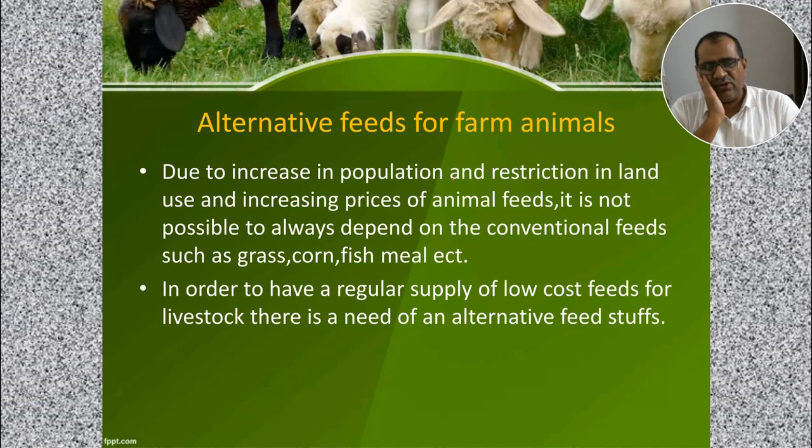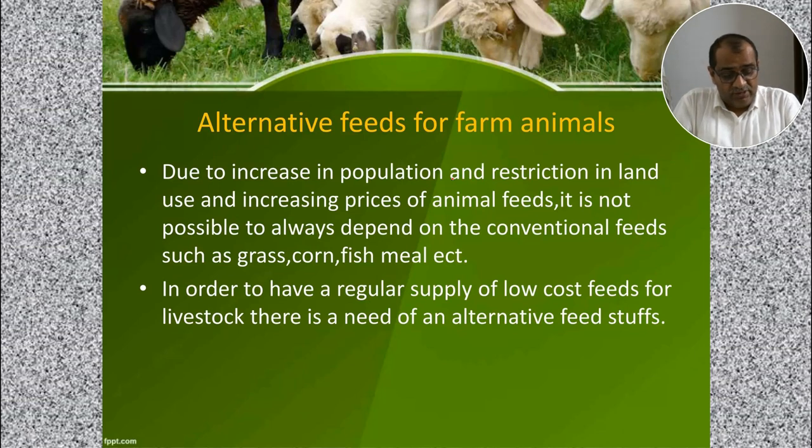The conventional feeds are grass, corn, fish meal, etc. But in order to have a regular supply of low-cost feed with proper nutritious variety, research is always going on and the search is also going on.